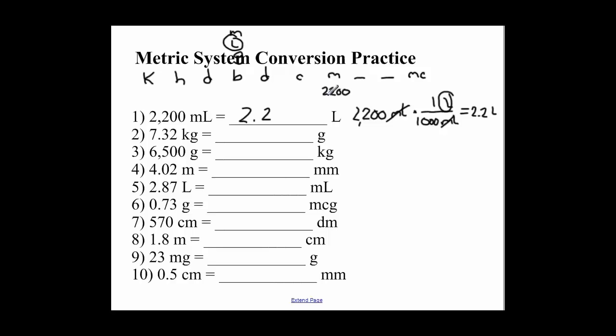So when we go to the left, from milliliters to centiliters to deciliters back to liters, we have to divide by 10 in each position we move over. So we divide by 10 3 times there, and when you divide by 10 3 times, you're really dividing by 1,000 like we did in the previous method.